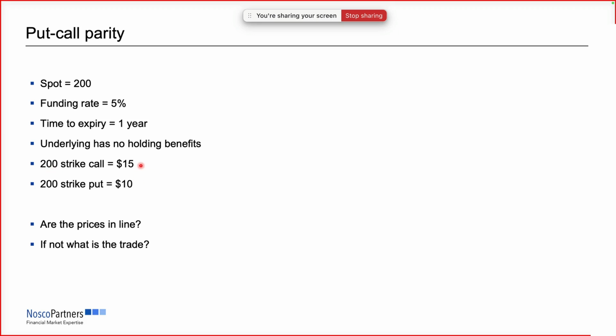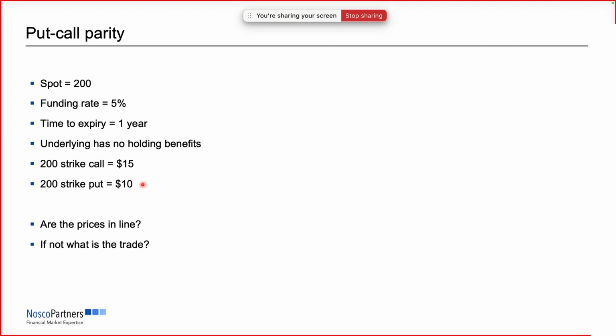So the call is in the money relative to the forward by about 10, not exactly 10, we would have to discount that. 10 discounted by 5% is probably 9.50 or so. And so that means the call has an implied volatility value. We do the calculation more precisely later, but the call, because it's in the money by roughly 10, has a volatility value of roughly 5.